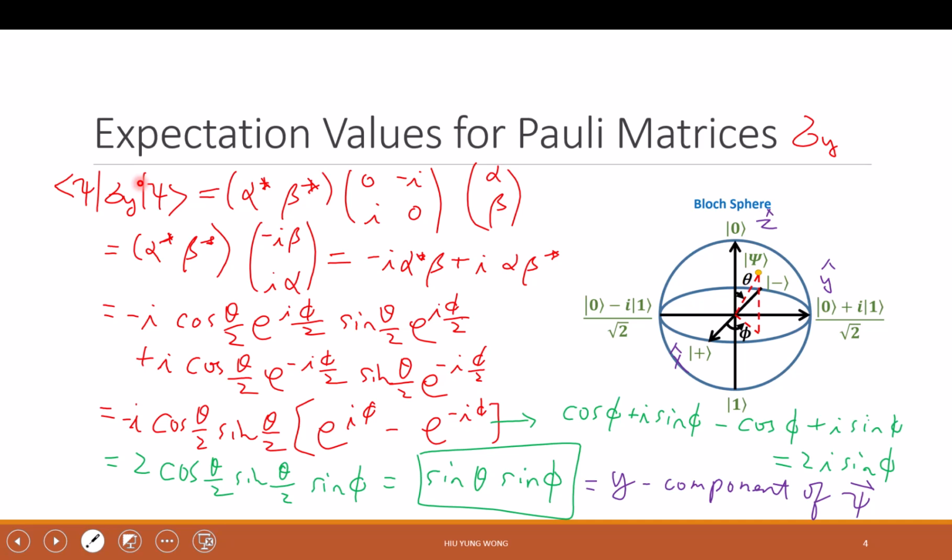So naturally you may ask, what if I try to measure the spin in an arbitrary direction? Measuring the spin along the z direction, I use the expectation value of sigma z. Measuring the spin along the x direction corresponds to sigma x. Measuring the magnetic field along the y direction in our 3D space corresponds to sigma y in the 2D compressed plane.